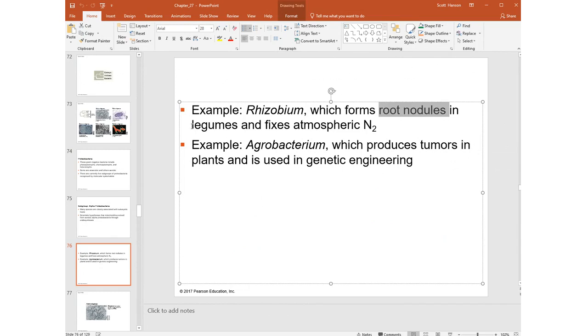So a legume plant never has to worry about a shortage of nitrogen because they have rhizobium bacteria inside them that will pull nitrogen right out of the air.